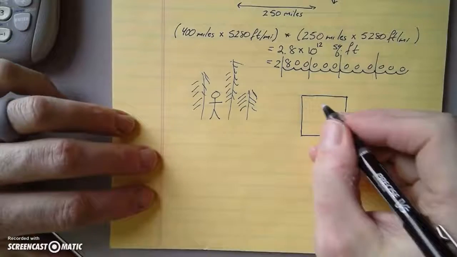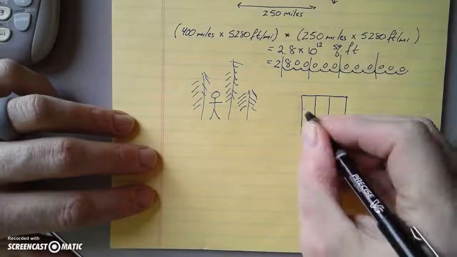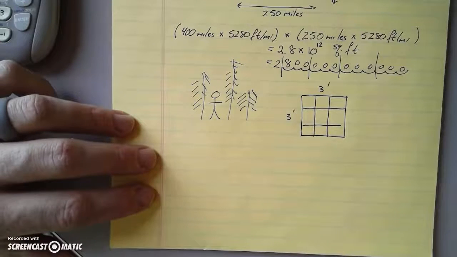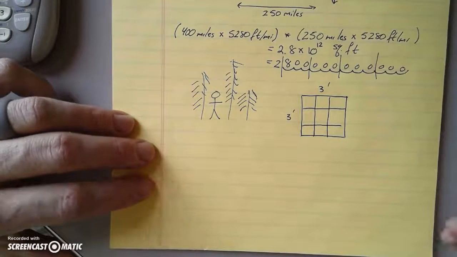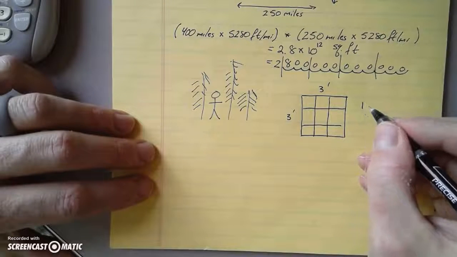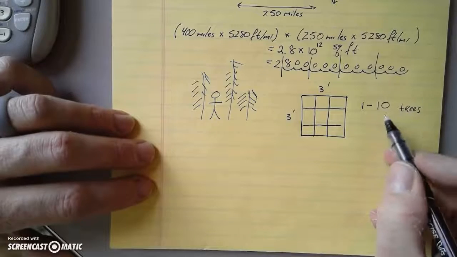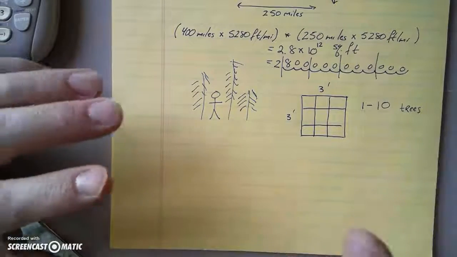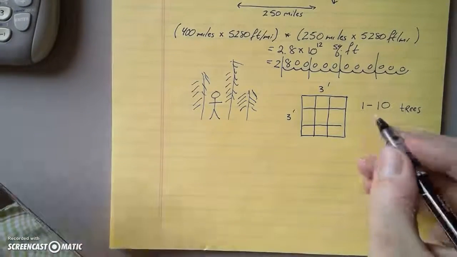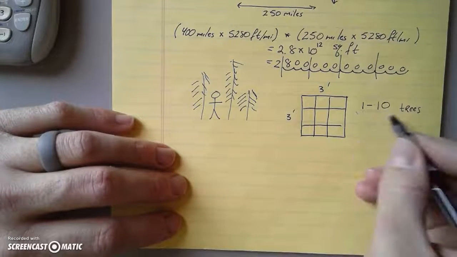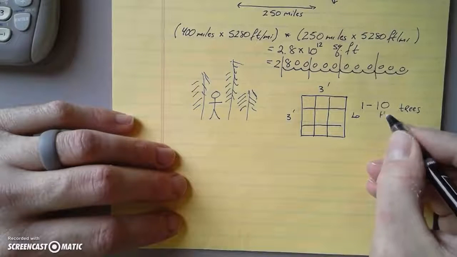Not always, but I'm going to say that if I were in a patch that was 3 feet by 3 feet, I would expect at least one tree. Between 1 and 10 trees. Maybe 10 if they're all very small saplings, it's a dense brush. Maybe 1 for a more sparsely vegetated forest. So 1 to 10. I can even do a low and a high here, right?